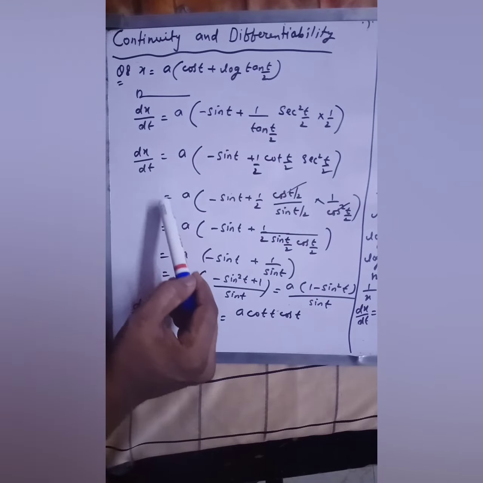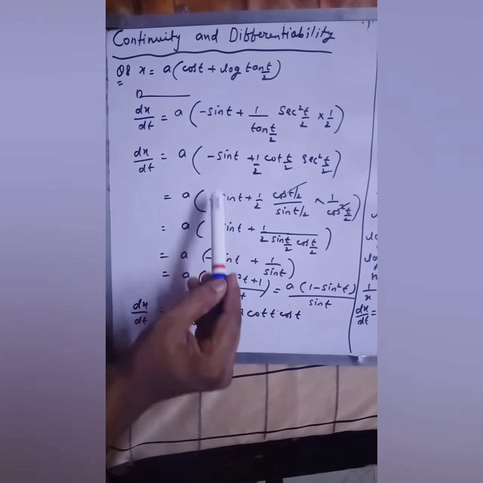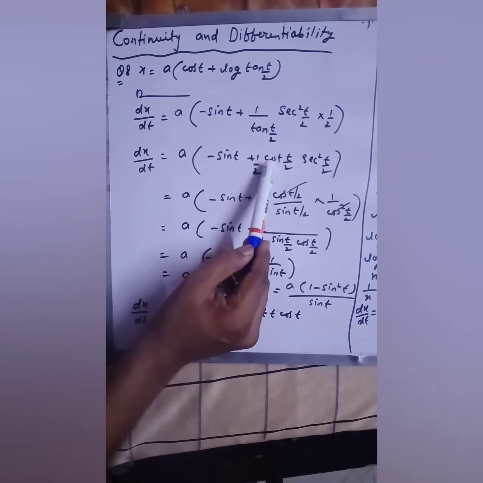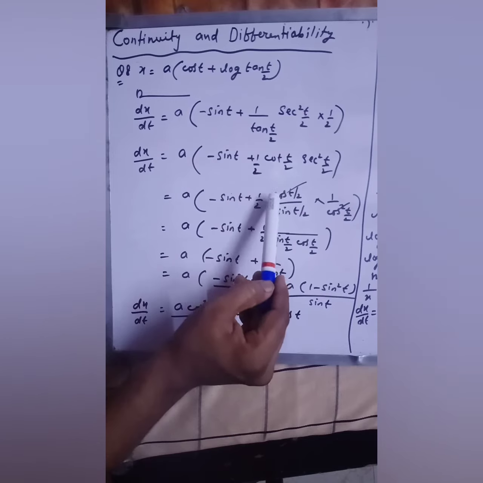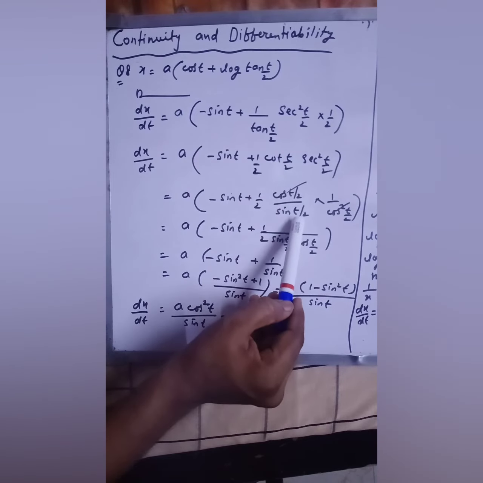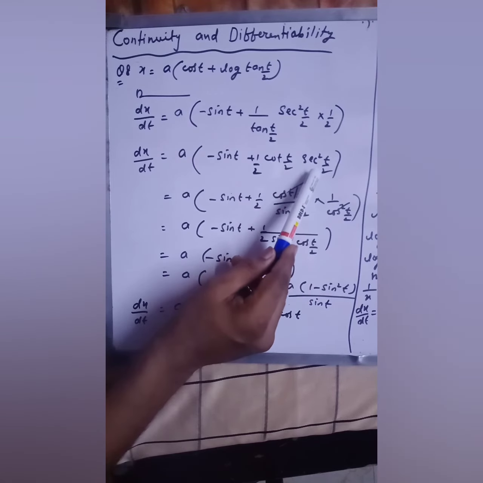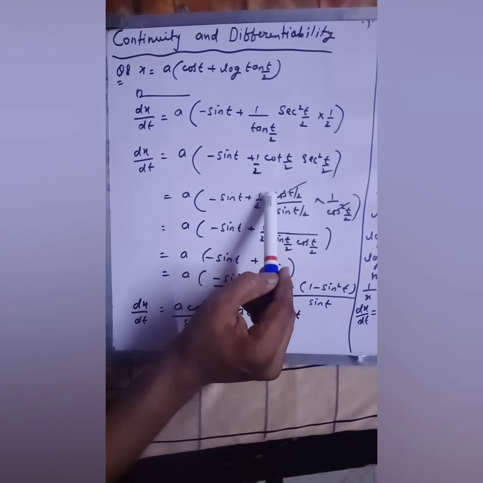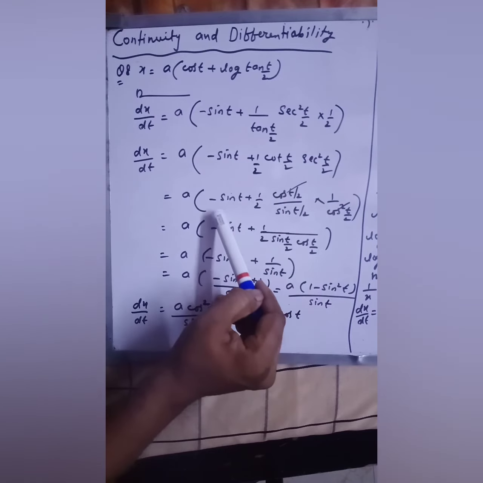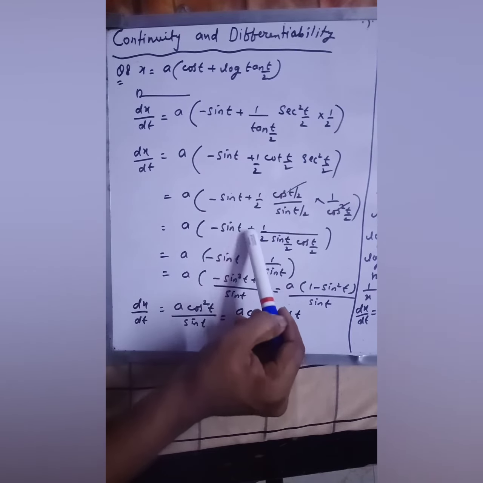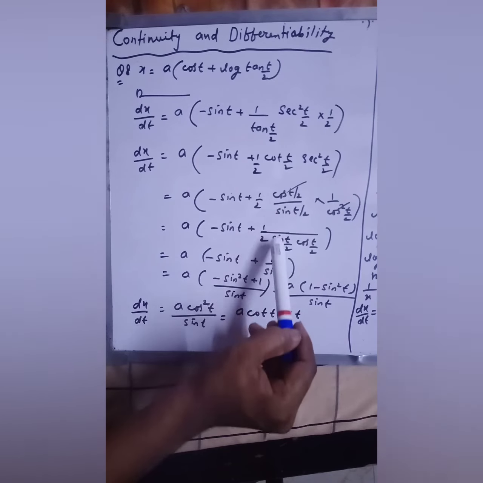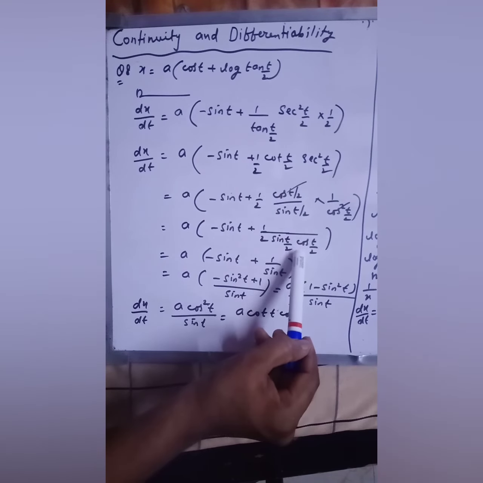So again equals, a will remain the same, minus sine t will remain the same, half and half will remain the same, and this cot t by 2 can be written as cos t by 2 over sine t by 2, into this sec square can be written as 1 upon cos square t by 2. Okay, this cos square and cot t by 2 will cancel out, and you will get minus sine t plus this 1 by 2 sine t by 2 and cos t by 2.